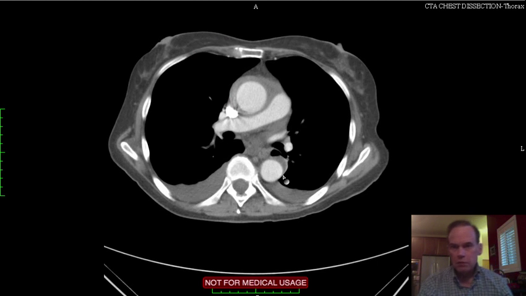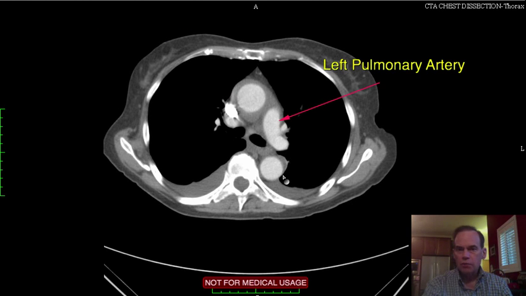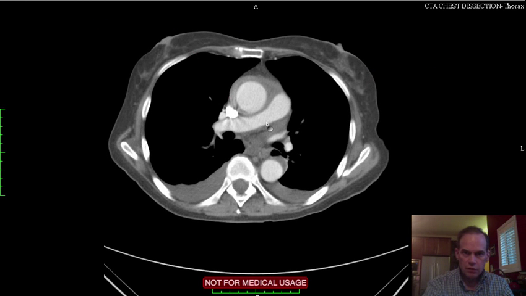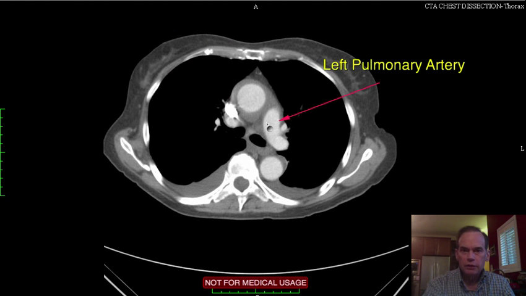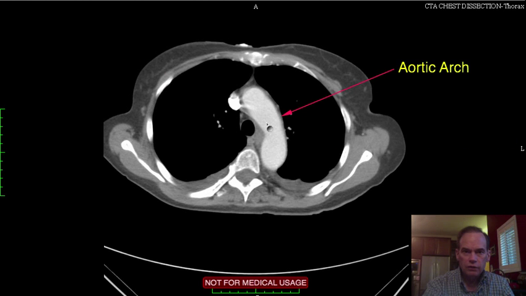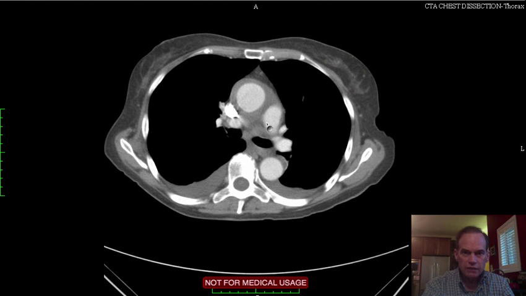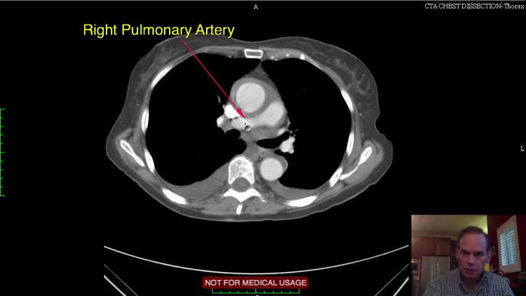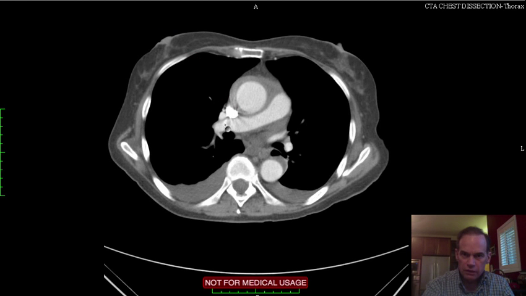The left main pulmonary artery has to arch up and over the left main stem bronchus, whereas the right main pulmonary artery, let's follow that over here, courses anterior to the right main stem bronchus. Right main stem bronchus here, right main pulmonary artery, and therefore does not have to arch up and over, and that's why the left main pulmonary artery is a little higher.